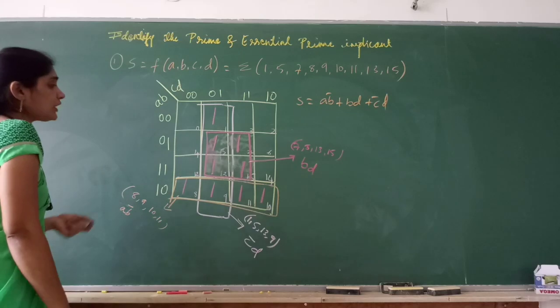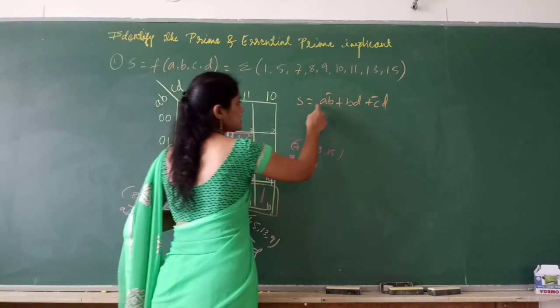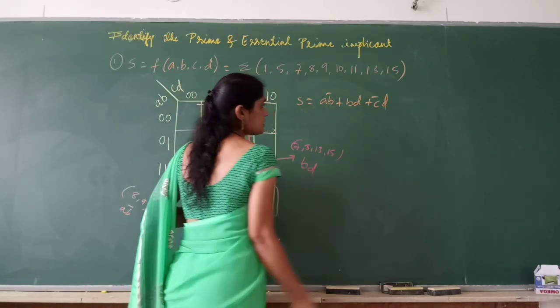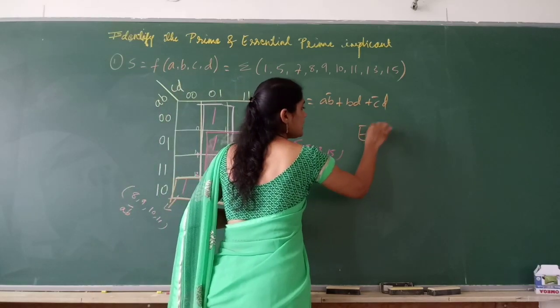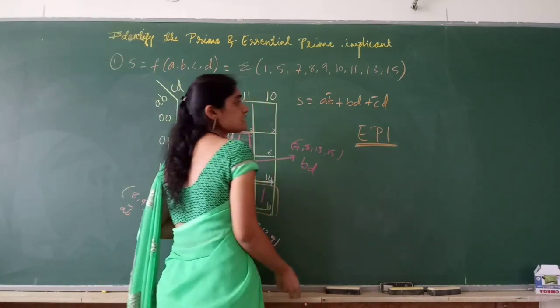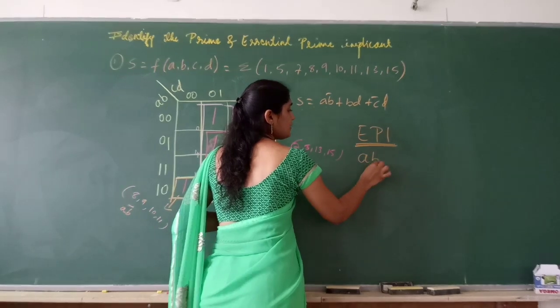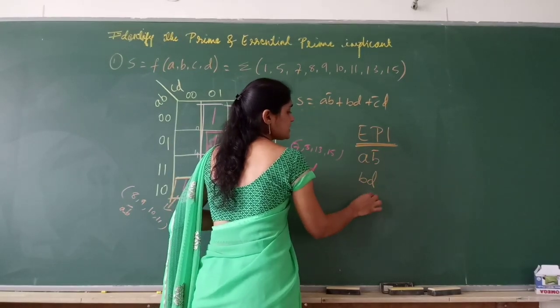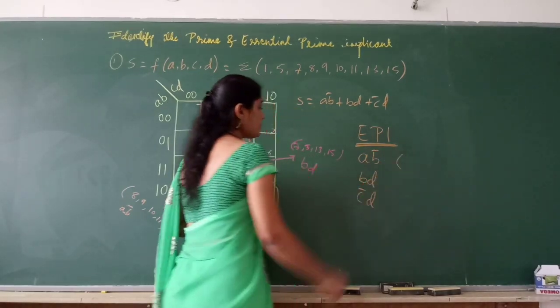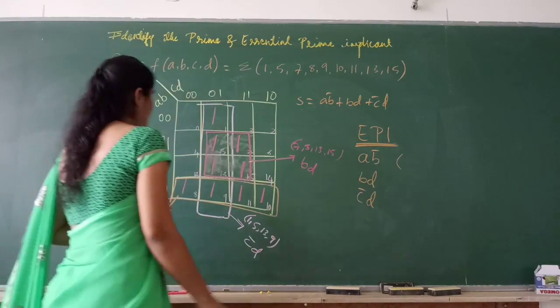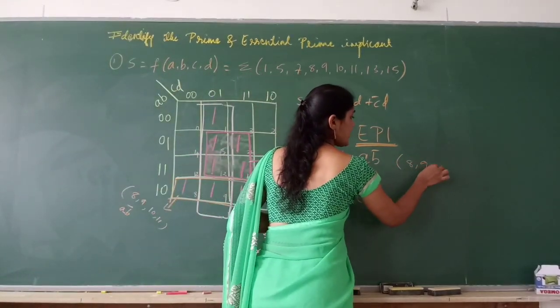So when we did that, we got the equation S is equal to A B bar plus BD plus C bar D. Now what are the EPI? List out the essential prime implicants: A B bar, BD, C bar D. A B bar we got when we group 8, 9, 10, 11. You have to write that also.